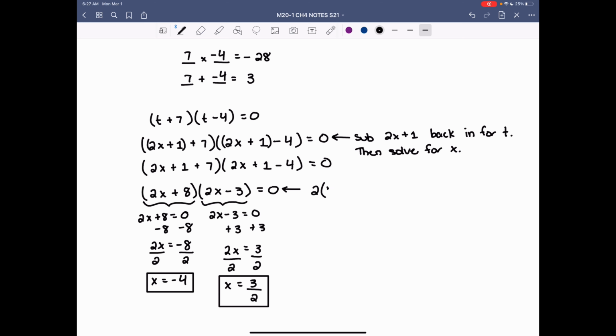We're left with x plus 4. 2x divided by 2 is x. 8 divided by 2 is 4. And then times our other binomial, 2x minus 3. That one does not have a common factor. Equals 0. This would be fully factored form.